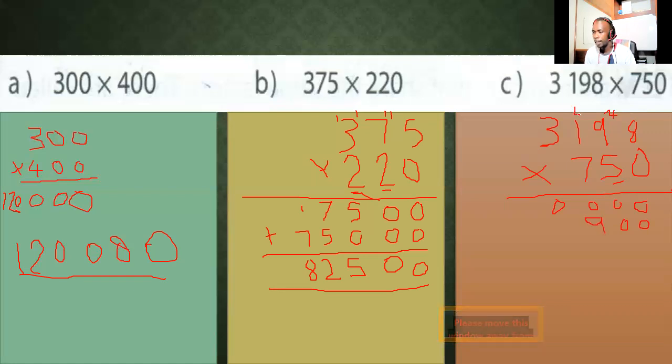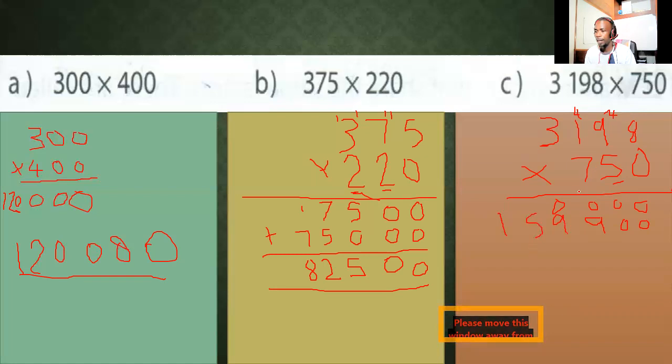Carry 4 again. 5 times 1, it's 5. Plus 4, 9. We write it here. Then 5 times 3, what do we get? 15. We write 15 here.